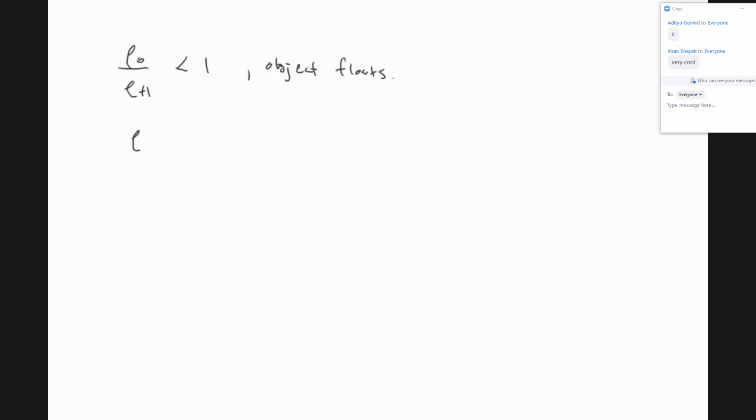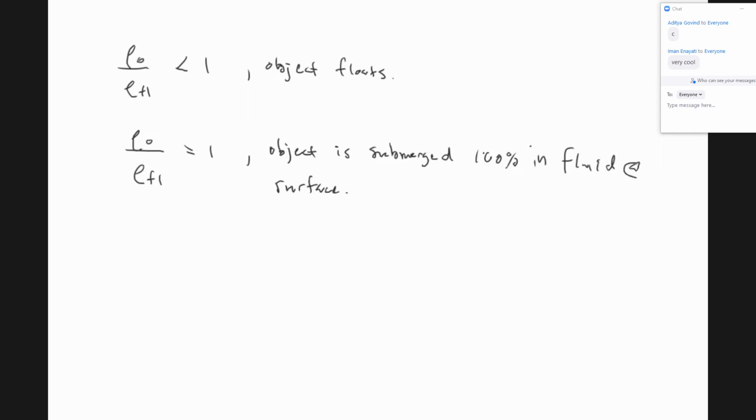If that density ratio is equal to 1, the object is submerged 100% in water or in fluid at the surface. And if the ratio of density of the object to density of fluid medium is greater than 1, obviously the object sinks. Okay? And that's simply the ratio to determine whether something floats in another medium.